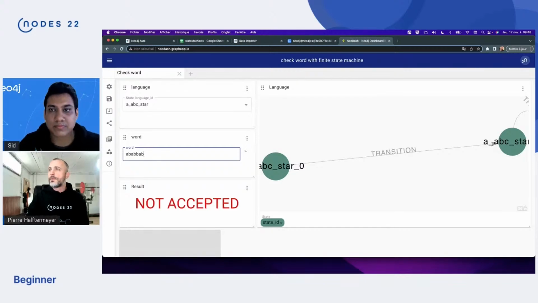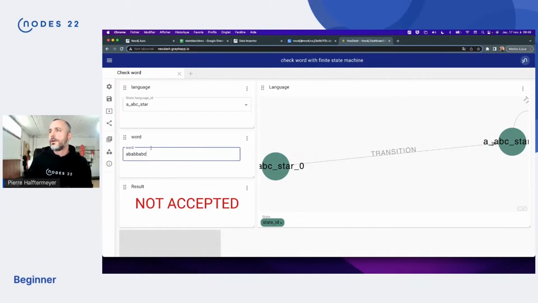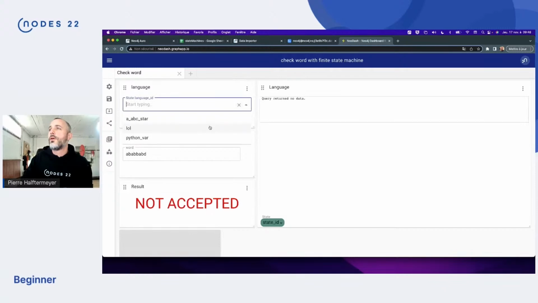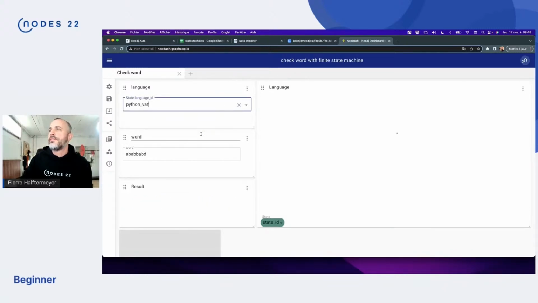So it's accepted, and if I put a D here, well, it's not accepted anymore.